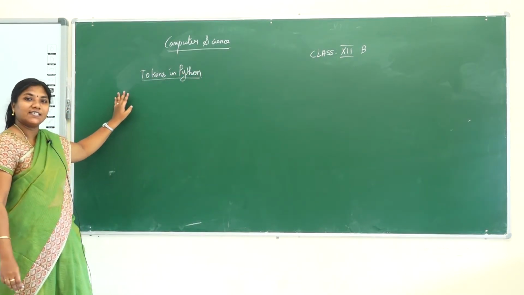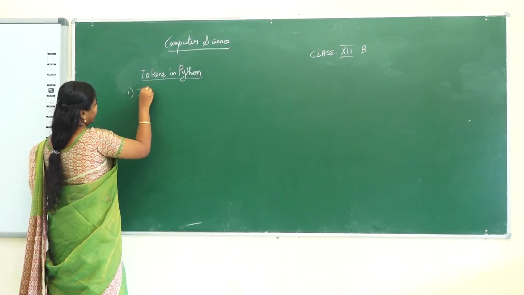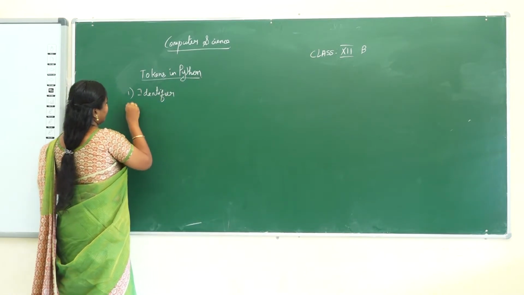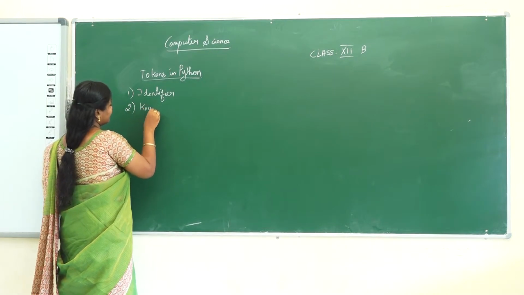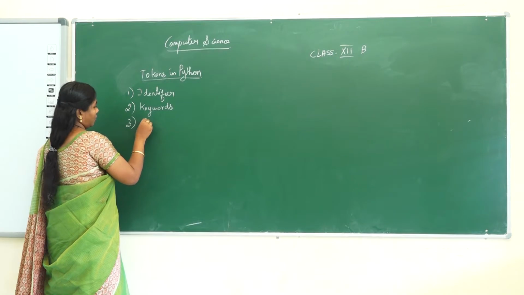So what are tokens in Python? First one, identifier. Second one, keywords. Third one, operators.